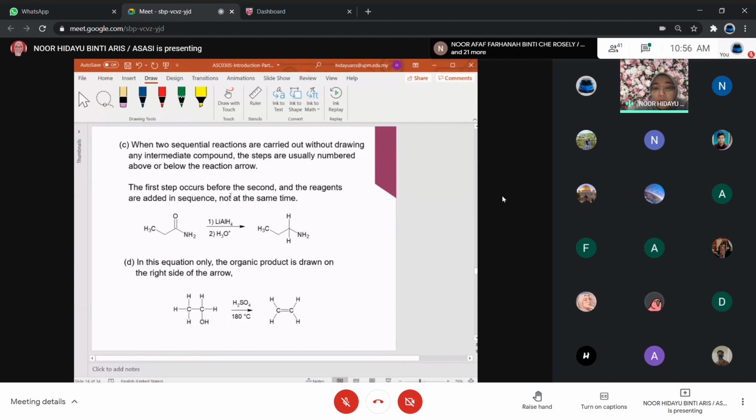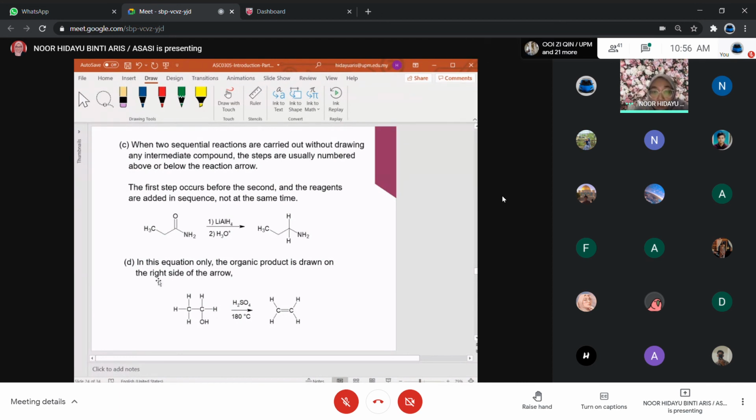The first step occurs before the second, and the reagents are added in sequence, not at the same time. For example, if we undergo a reaction with an intermediate, how do we write it? We write it by numbering: number 1, number 2. It means the reactant first undergoes reaction with number 1. There is no need to write the intermediate. It goes straight to reaction with the second, then directly gives the final product. We skip the intermediate.